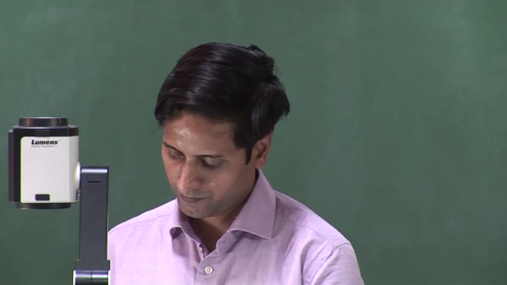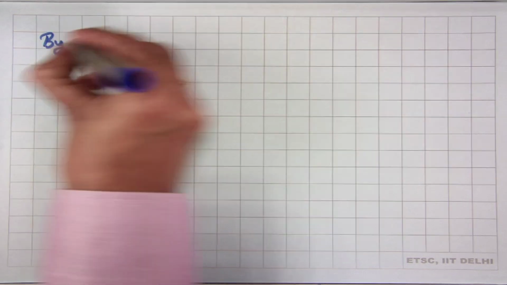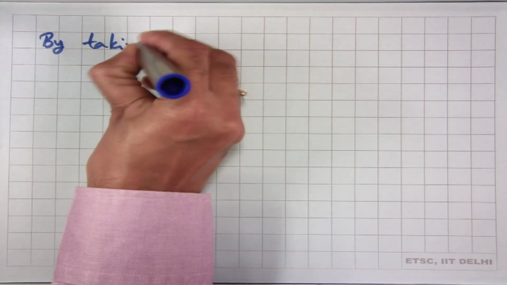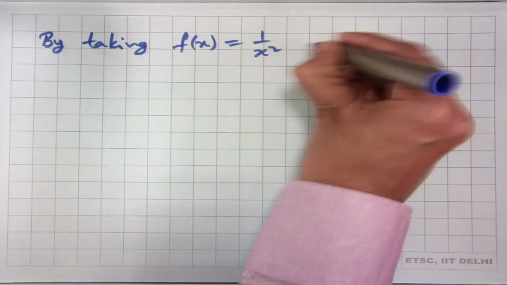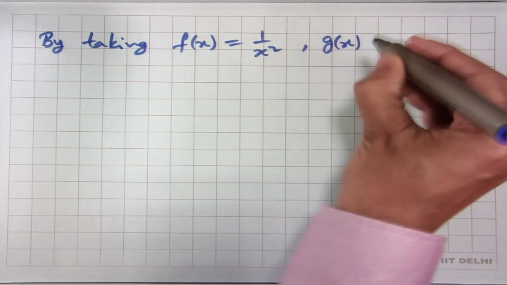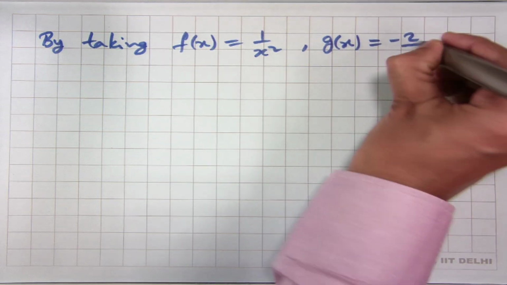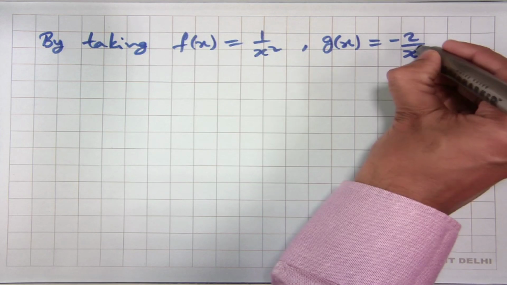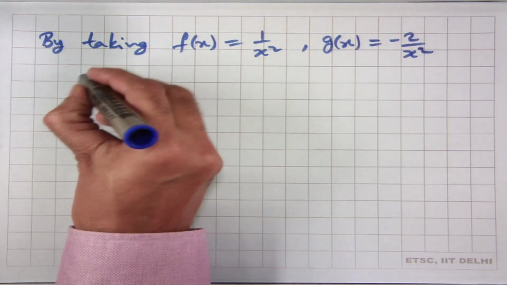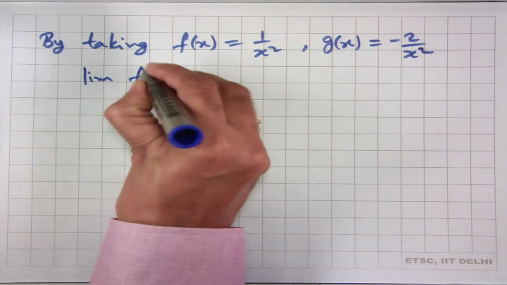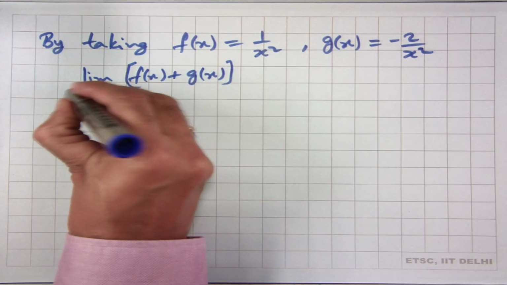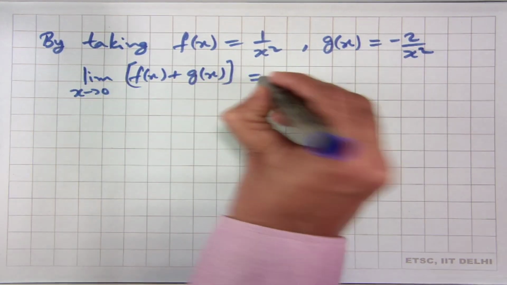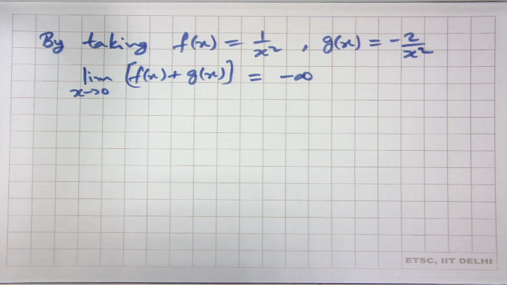And similarly, by taking f(x) equal to 1 by x square and g(x) equal to minus 2 by x square, the limit of f(x) plus g(x) becomes minus infinity, because here f(x) plus g(x) is minus 1 by x square.